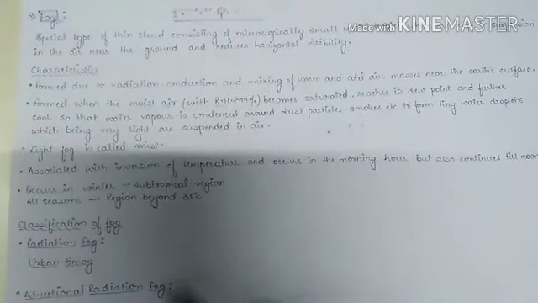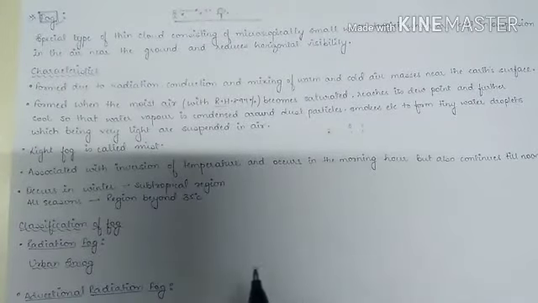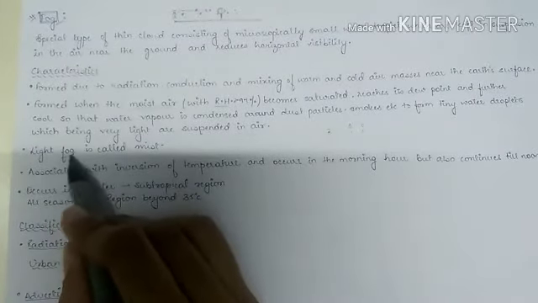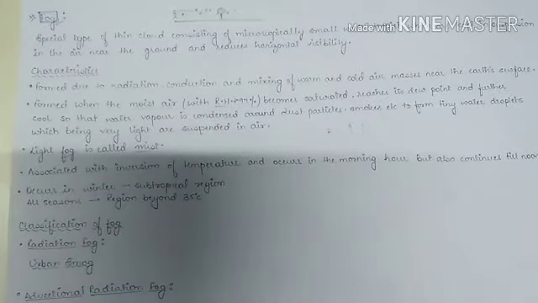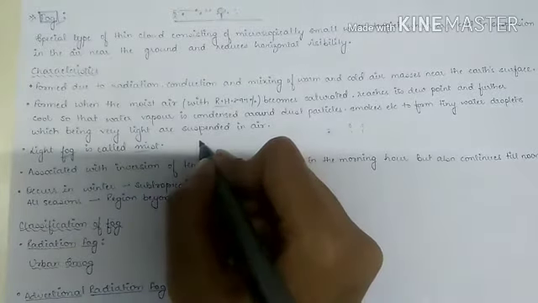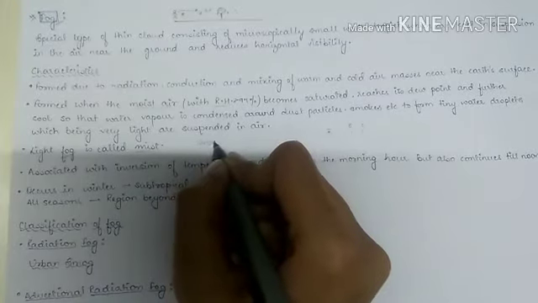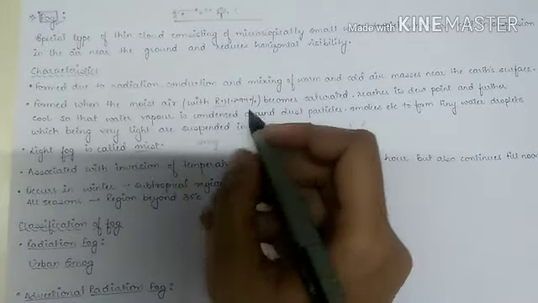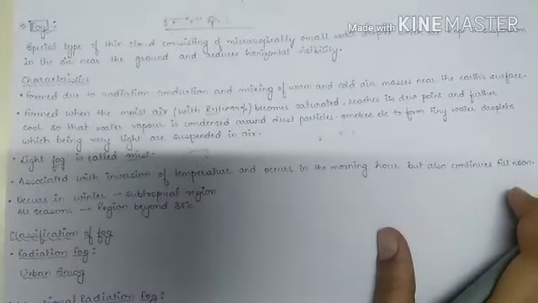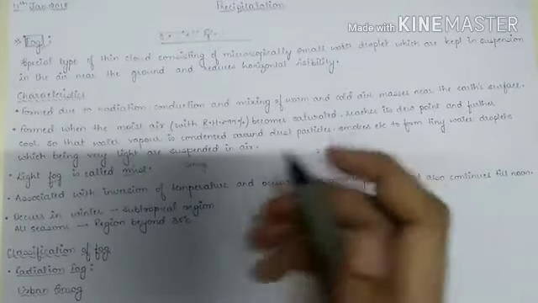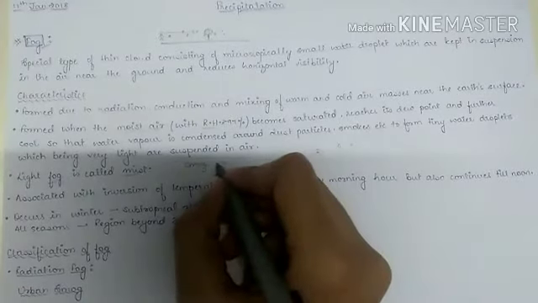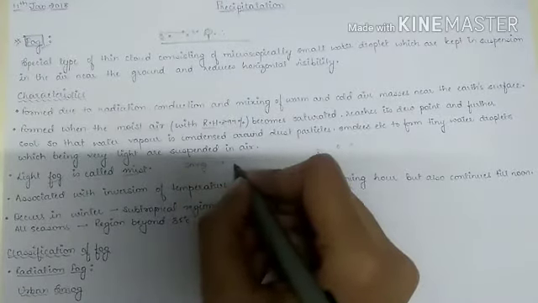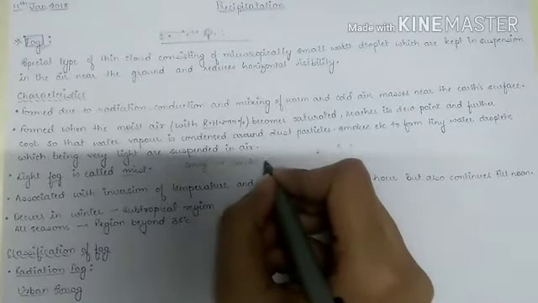Next is, if we have light fog, then this light fog is called mist. And there is a term, smog. I think all of you must have heard this term, but let's discuss it. Smog arrives from the mixing of two words, that is smoke plus fog.